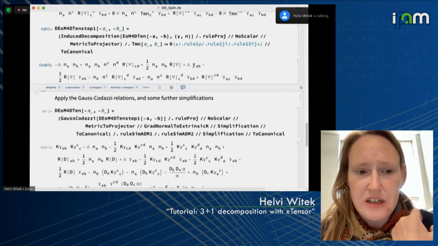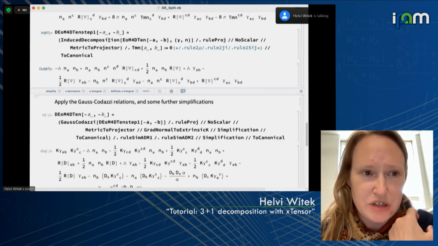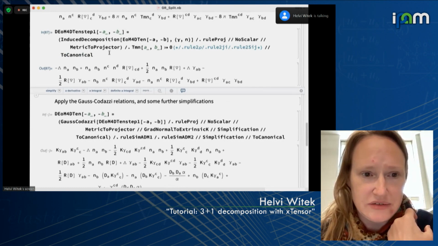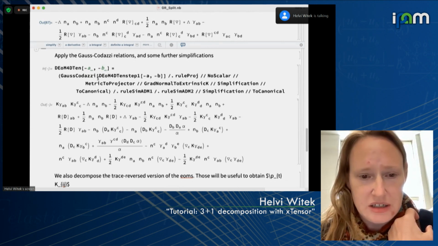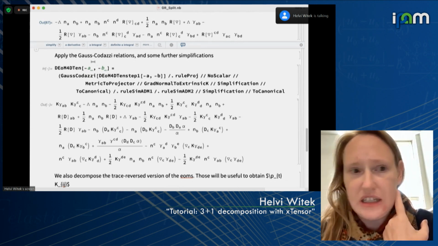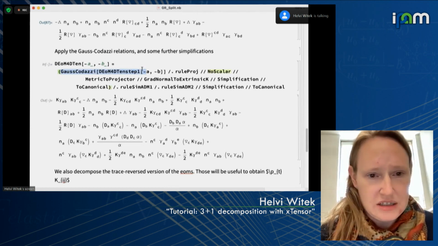And that's what I'm doing here in the next step. So I'm taking my previous expression that I defined here, and I'm now just applying the Gauss-Codazzi relations to do this. And again, if you want to see what's happening here step by step, we can actually also just do this.